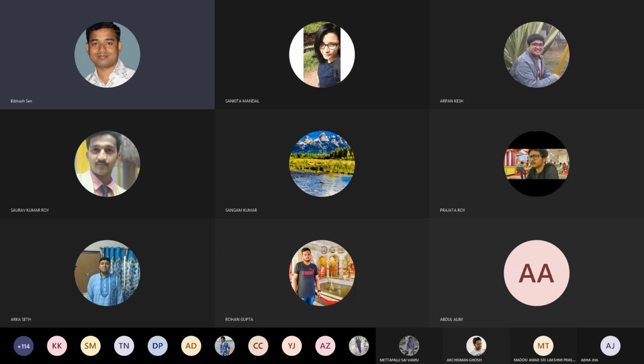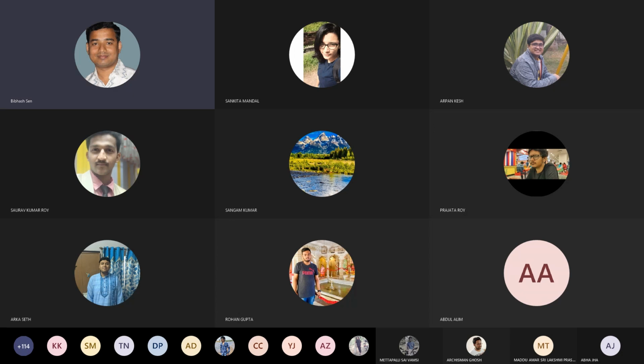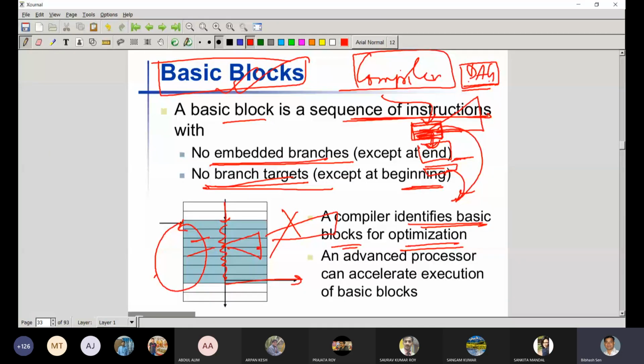So in the basic block design, it is understood that in the basic block part, no embedded branches and no branch targets are there. A compiler identifies basic blocks for optimization. So optimization is possible when loop invariant computation is kept outside the basic block.